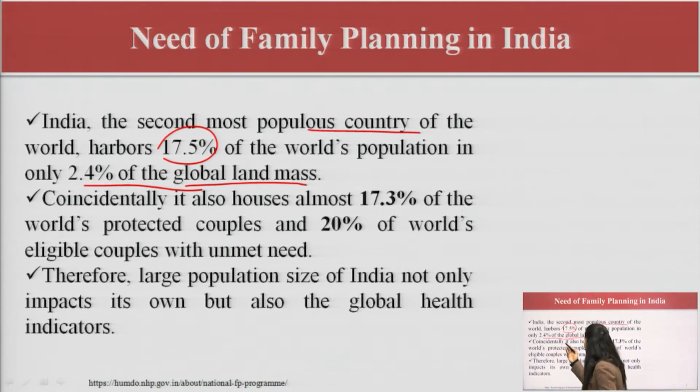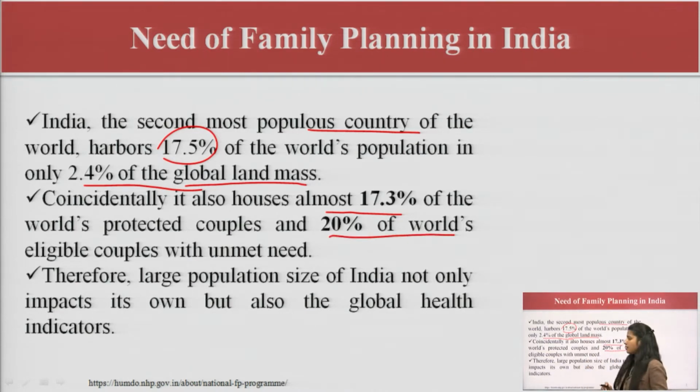Coincidentally, it also houses nearly 17.5% of the world's protected couples and 20% of the world's eligible couples with unmet need. Protected couples are those couples who are using any method of family planning.